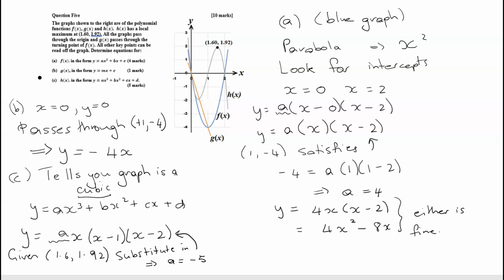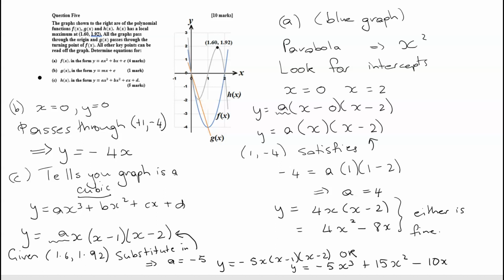All right, putting all that together, we can write it either as y equals -5x times (x minus 1) times (x minus 2), or we could multiply it out and we get that y equals -5x cubed plus 15x squared minus 10x.